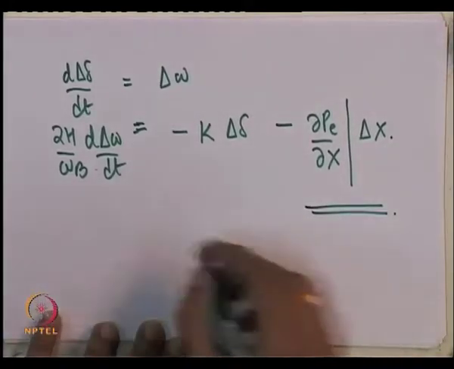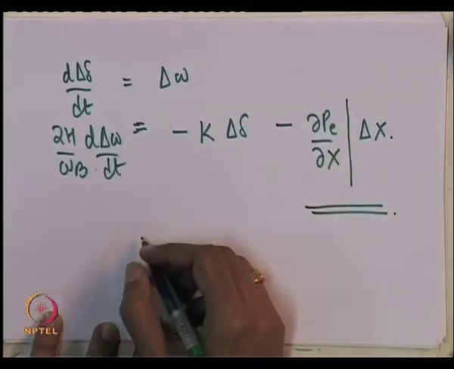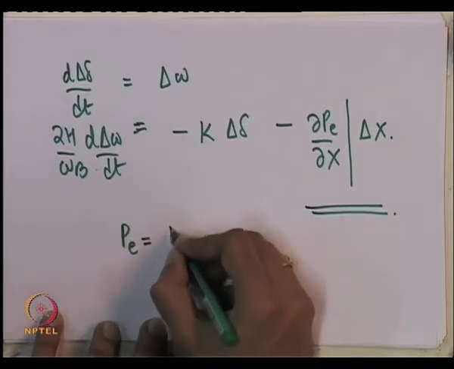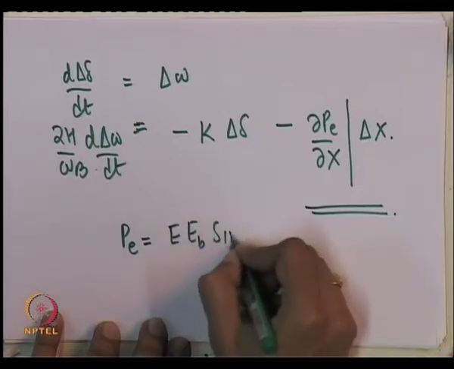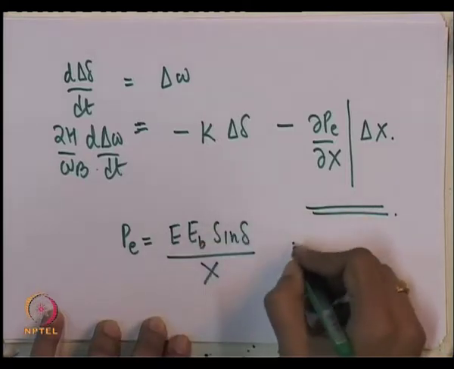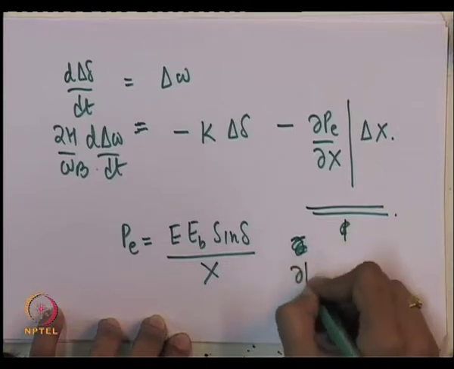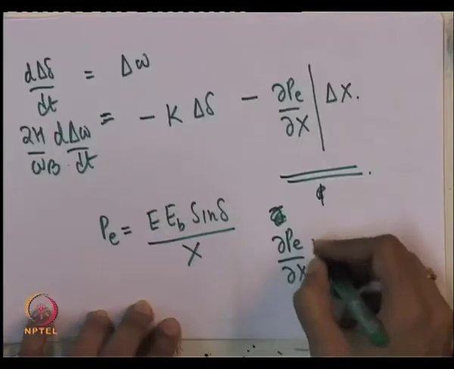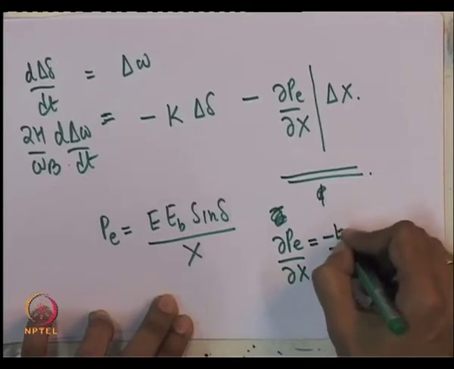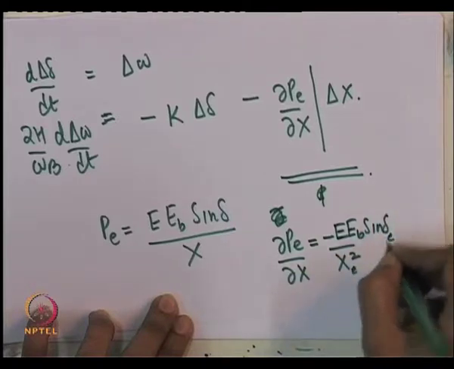What is minus dou P by dou x? You have Pe equal to E1 EB sin delta by x. If you take the partial derivative with respect to x, this will be evaluated at the equilibrium point.